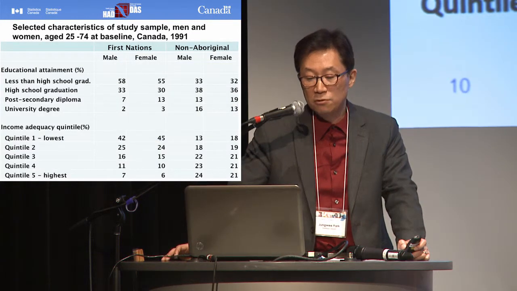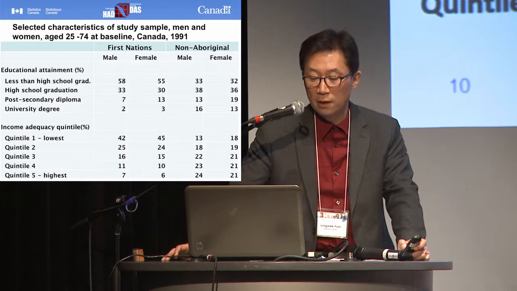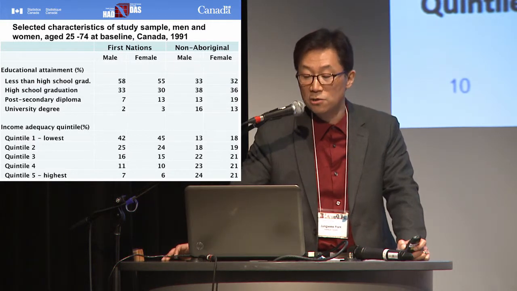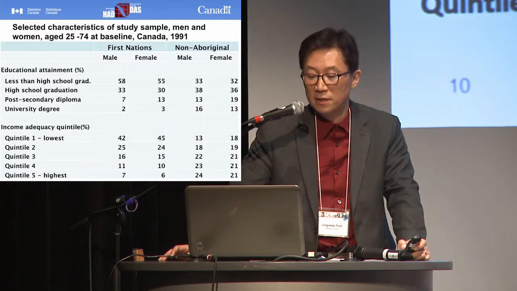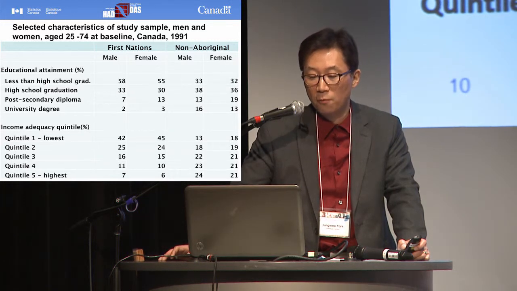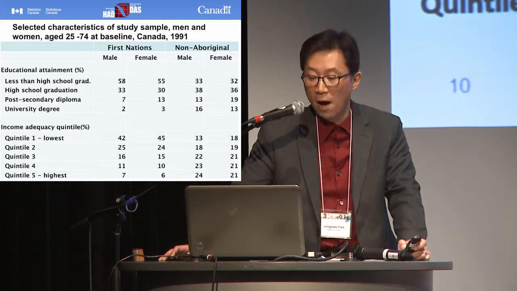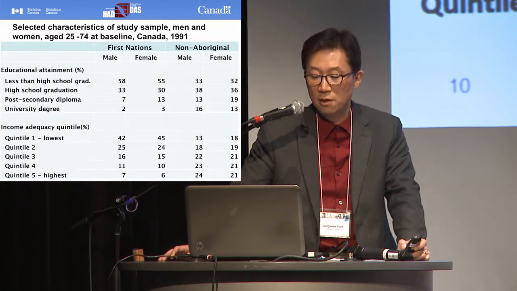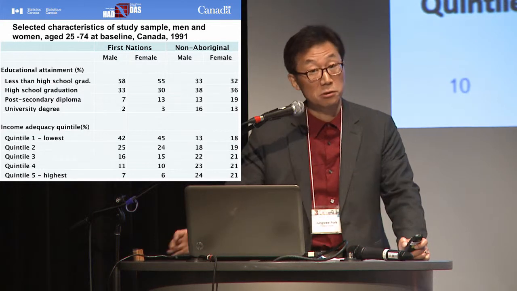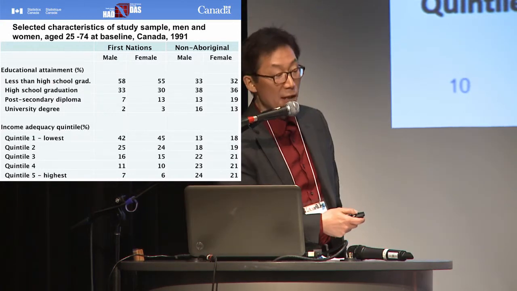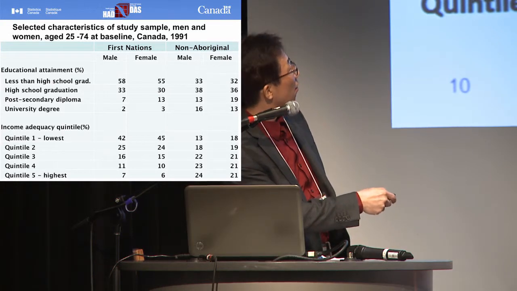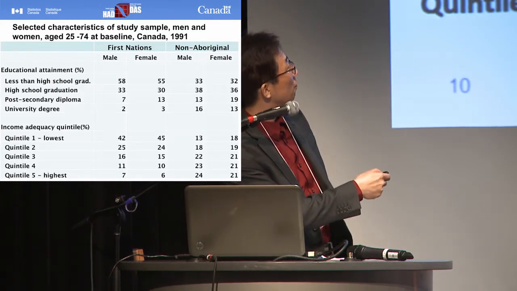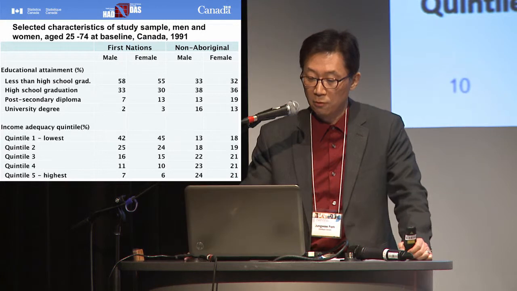Educational attainment and income adequacy quintile information also show clear differences. We have higher proportions of less than high school graduation among the First Nations population, and income adequacy is quite related to that one. We see high percentages over here. Male and female are quite similar.